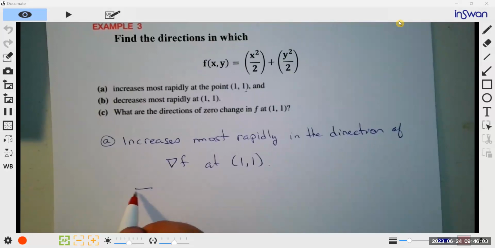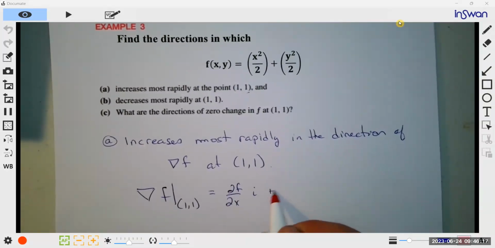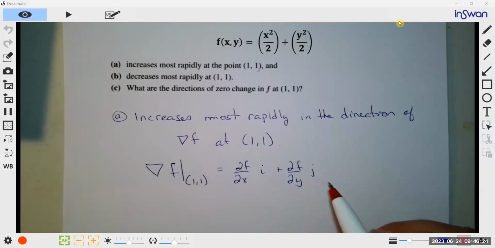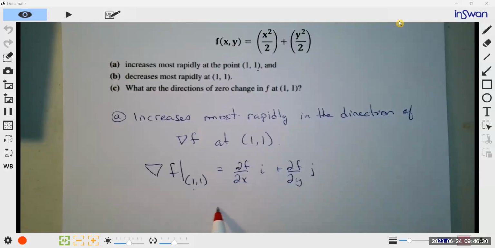So the gradient there is: we find the partial of f with respect to x and the partial of f with respect to y, of course at 1, 1.